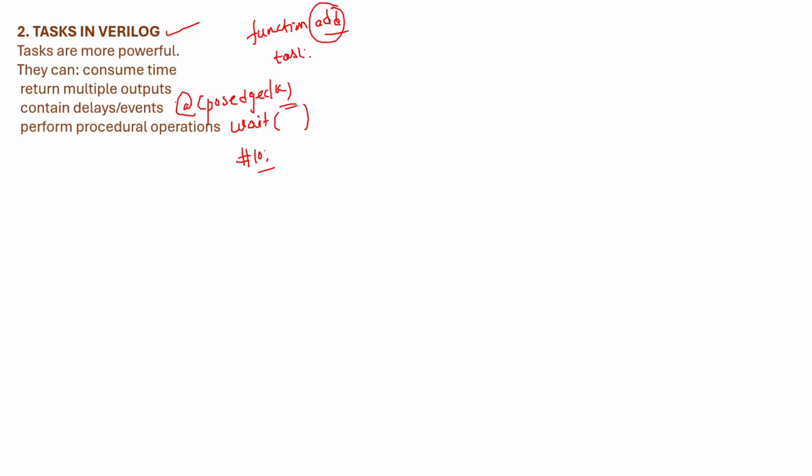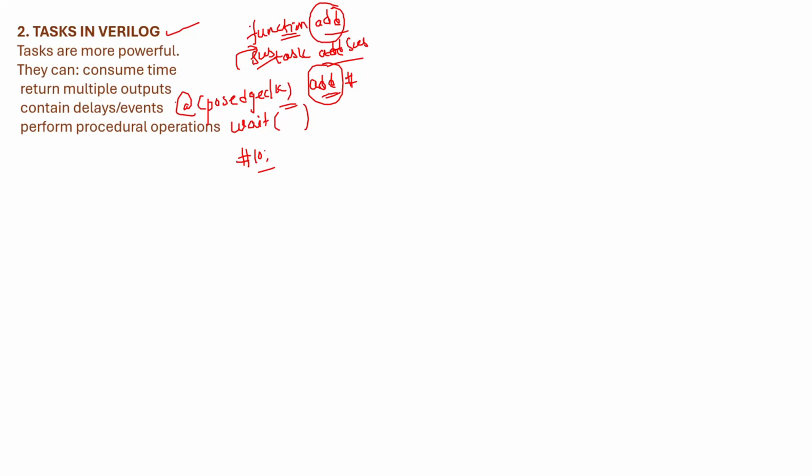We can call this add function in a task, for example a subtraction task, and the add function can be called there. That is possible inside the task. But a task cannot be called in a function, because tasks have delays, multiple return values, and execute at different intervals of time. Functions do not allow that.